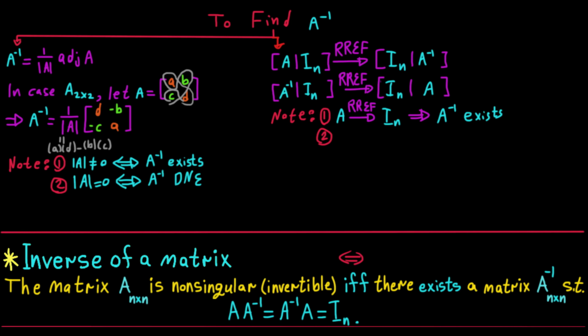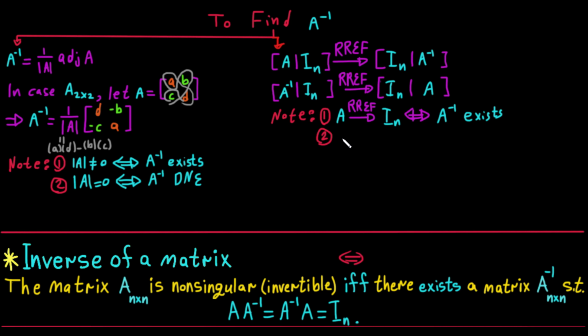And the same thing here, if A inverse exists, then you can transform A to the identity matrix. So you have to know this.